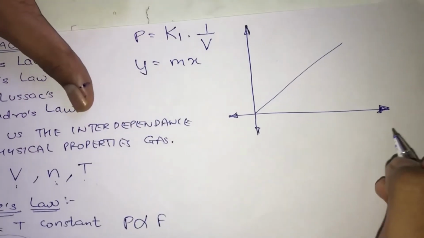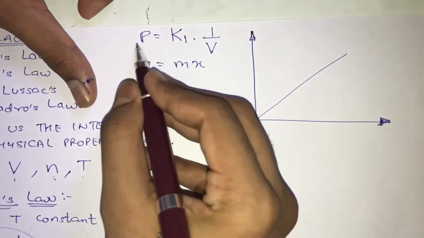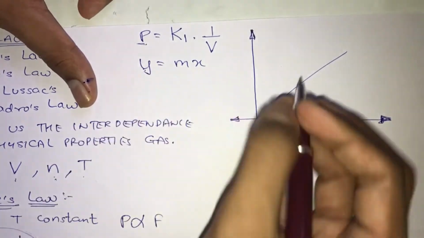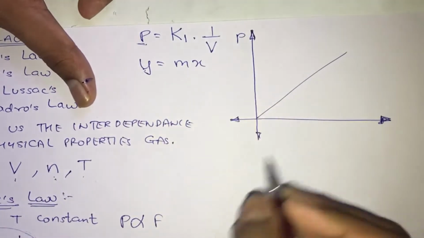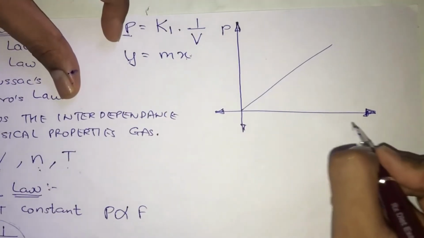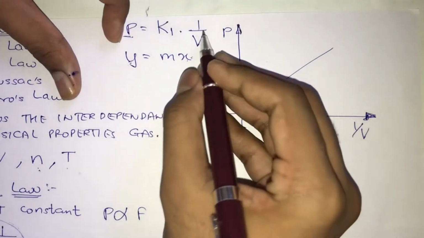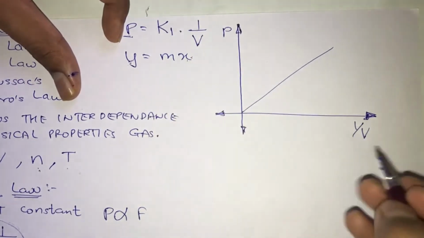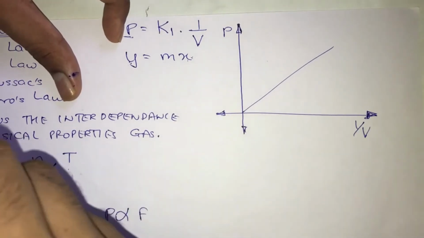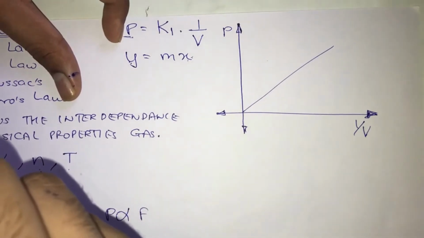Okay, and on the y axis we have pressure. So when you compare with this equation, on the y axis we get pressure, and on the x axis we have volume, that is 1 upon volume. It is not volume, it is 1 upon volume. So on the y axis you have pressure, and on the x axis you have 1 upon volume.